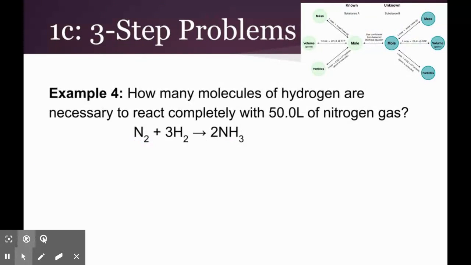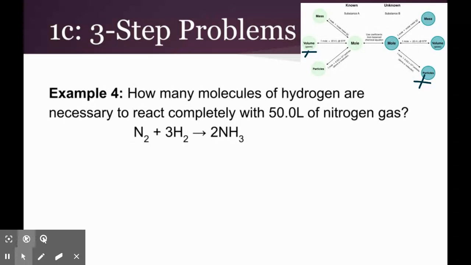Okay, and our last example problem says how many molecules of hydrogen are necessary to react completely with 50 liters of nitrogen gas. So here we're starting off at volume of nitrogen gas, and we want to find out how many molecules of hydrogen are necessary for that.